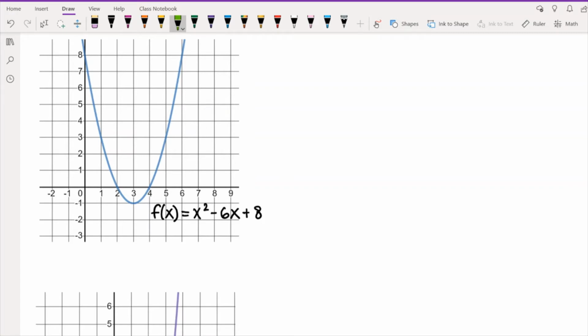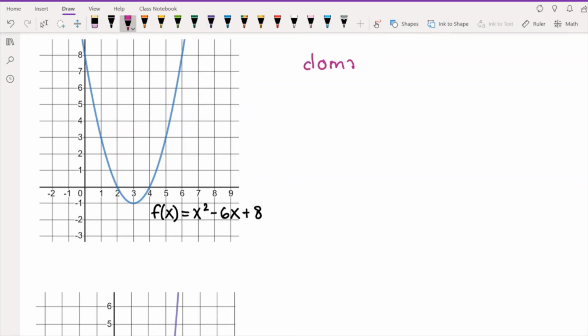And so remember we said that if you have a function that doesn't have any variables in the denominator, doesn't have any square roots, the domain is just going to be all real numbers. And so the domain should be all real numbers, which would be negative infinity to positive infinity. And we'll see that that is true.